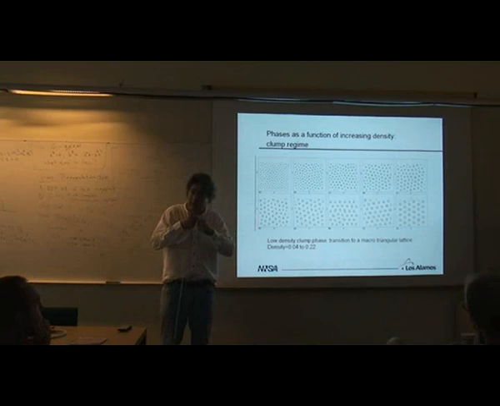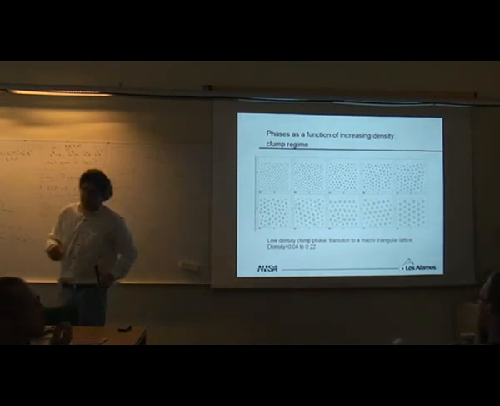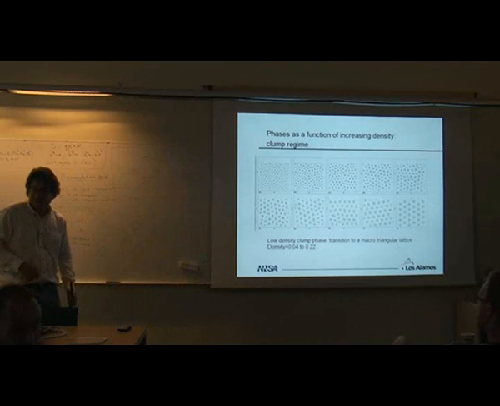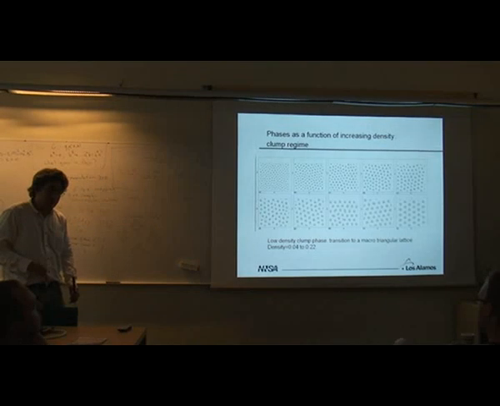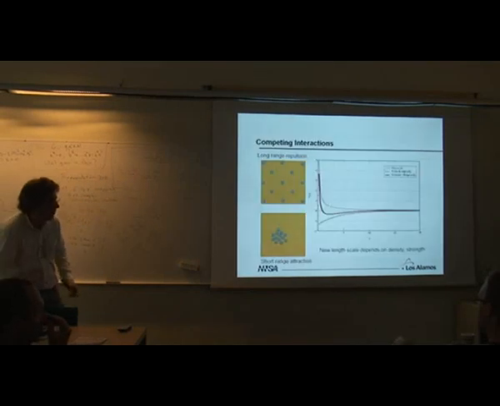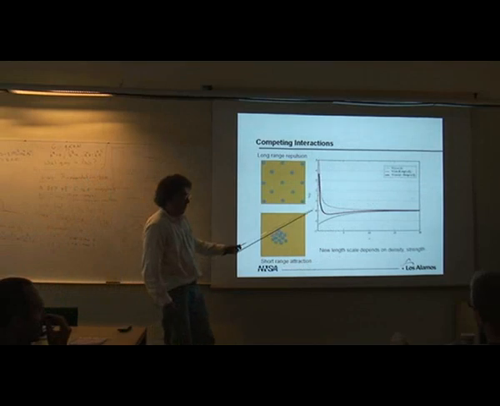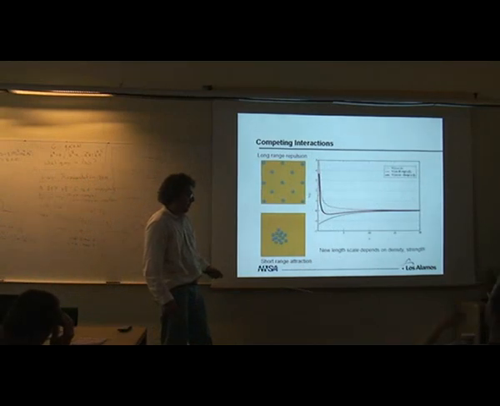When you bring that other guy in, it's not entirely purely attractive, right? Well, it depends where the potential turns positive. I would bet that maybe in the very dilute limit, the size of the cluster is determined by the length scale at which you switch from attractive to repulsive. Right. If we look at the two ends, they actually repel each other. In this unit, it's 10, it's where you have to turn around, right?